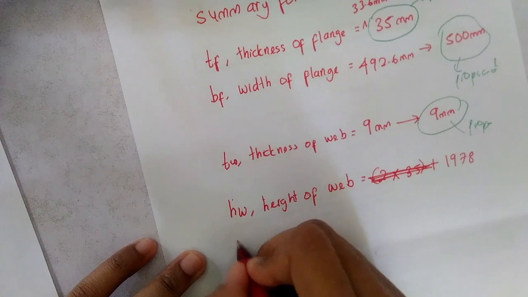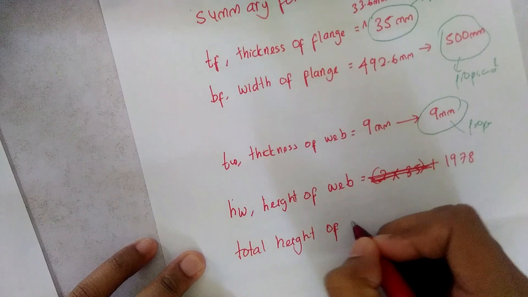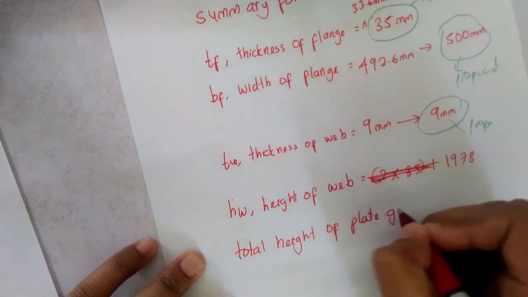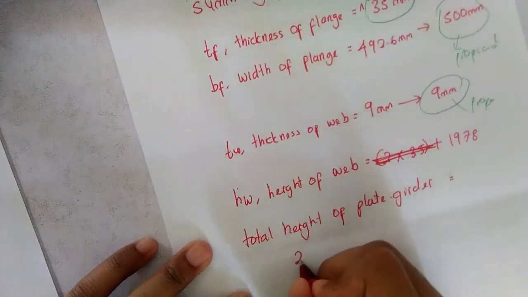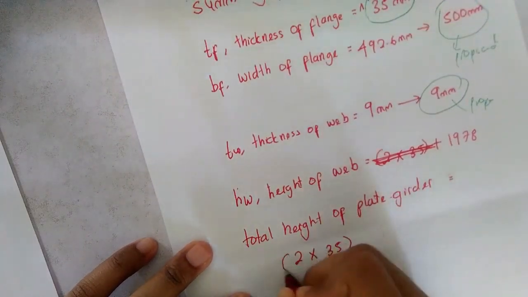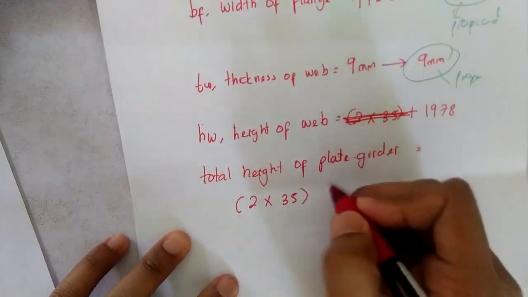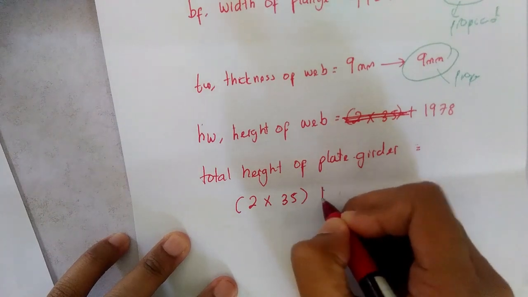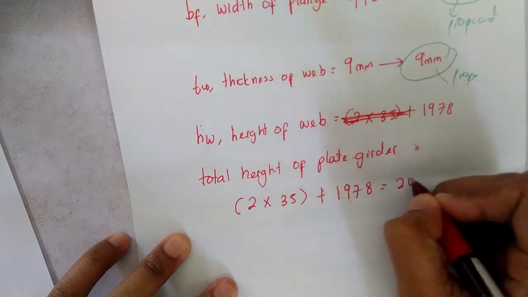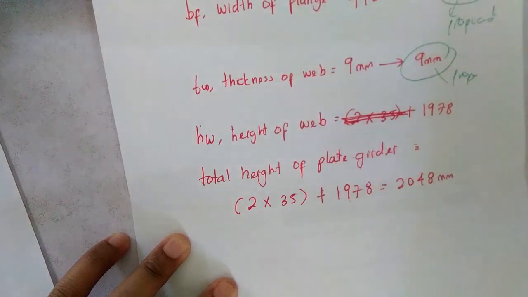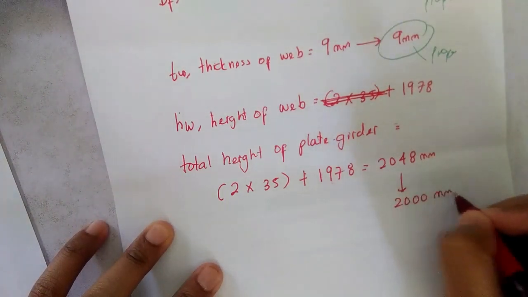Then the total height of the plate girder is equivalent to 2 times 35, because our flange is 35, plus 1978, which gives you 2048 mm as the overall height, but we propose it to be 2000 millimeters.